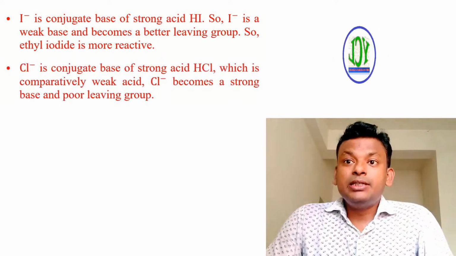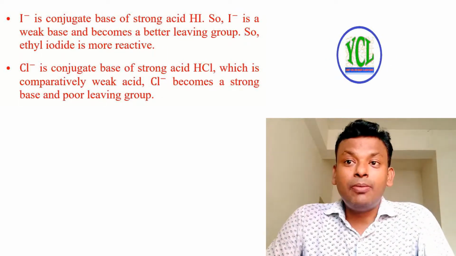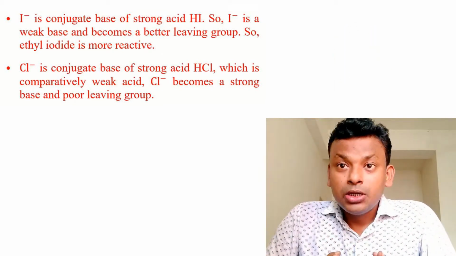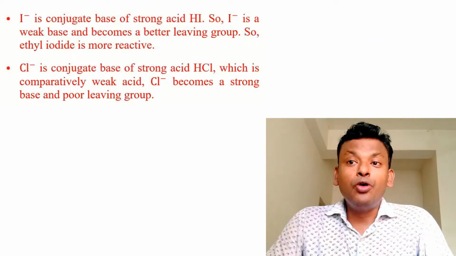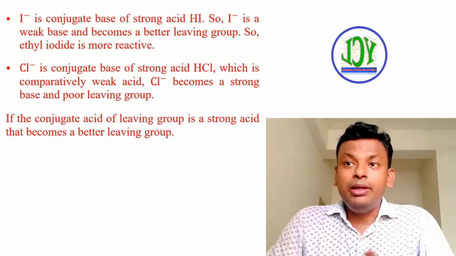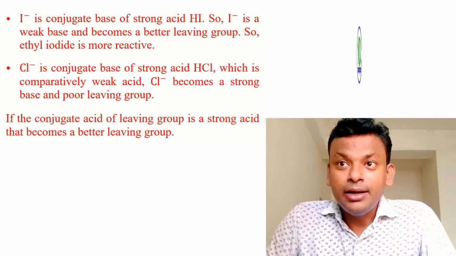Cl negative is the conjugate base of HCl, which is a comparatively weaker acid. Cl negative becomes a stronger base and a poor leaving group. And if the conjugate acid of the leaving group is a strong acid, that becomes a better leaving group.